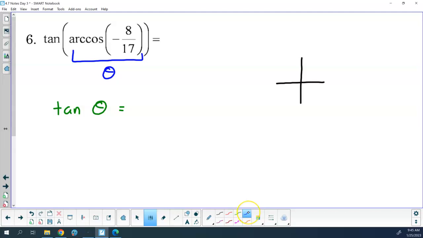I'm in quadrant number 2. Cosine means that this would be my -8, this would be my 17, and that's going to give me what for a missing side? Do we know? 15?